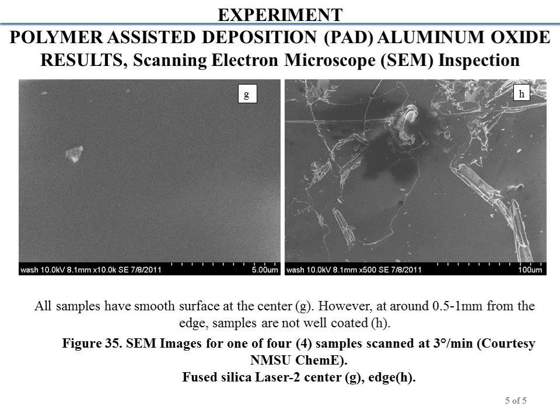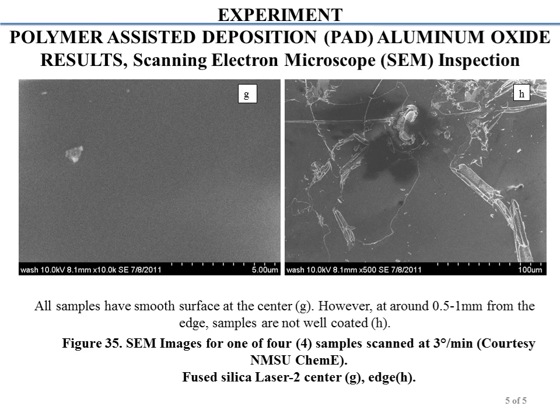The next slide shows polymer-assisted deposited aluminum oxide via scanning electron microscope at New Mexico State University, Department of Chemical Engineering. As you can see, all samples have a smooth surface at the center.